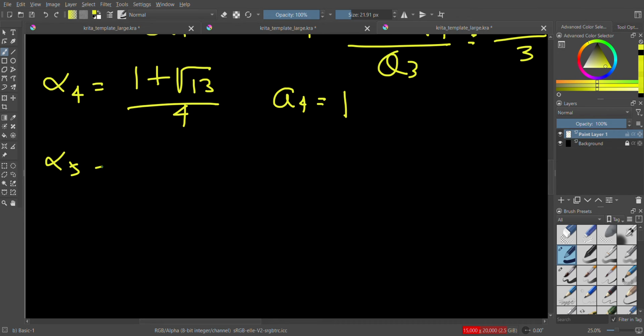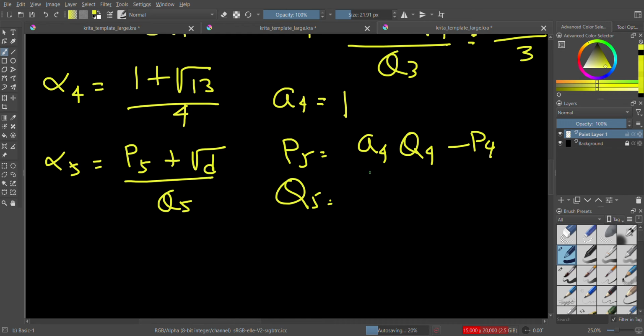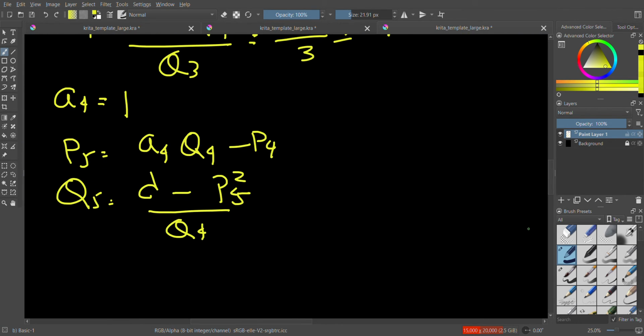Alpha sub 5 is P5 plus square root of D over Q5, and P5 is equal to A4 Q4 minus P4, and then Q5 is equal to D minus P5 squared over Q4. All right, so let's go fill these values in.